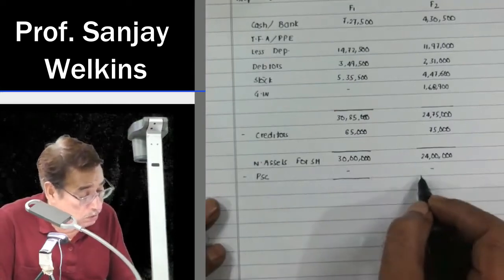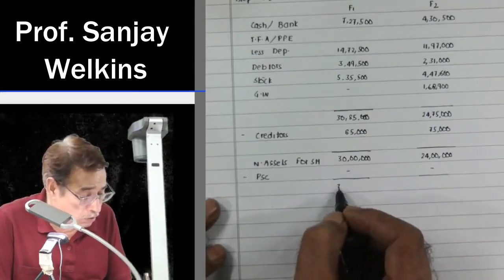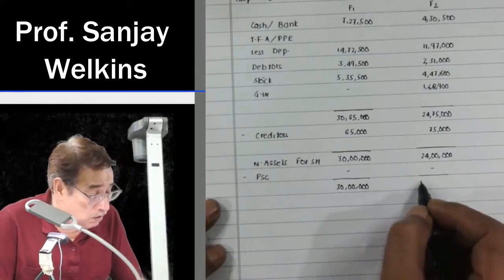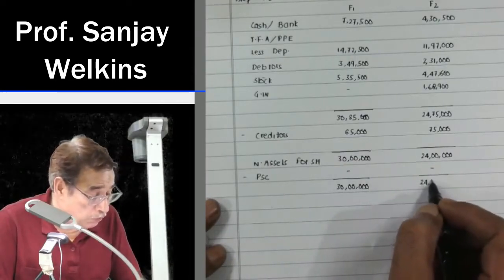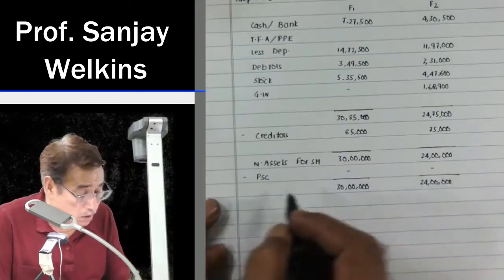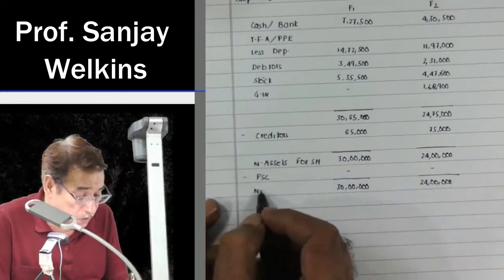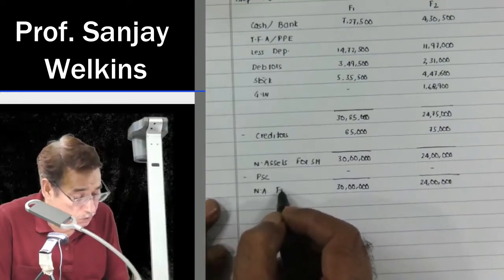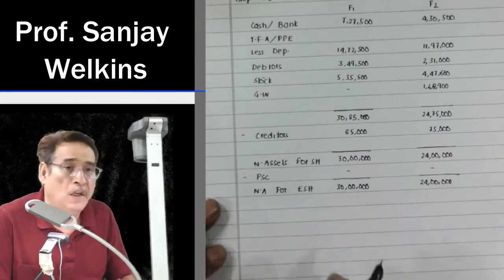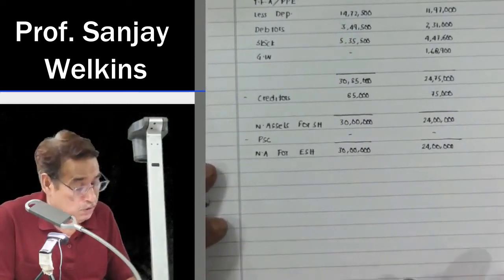So 30 lakh will also be the amount for equity shareholders. And likewise 24 lakh for F2 Limited. This is net assets for equity shareholders. Is it clear to you?